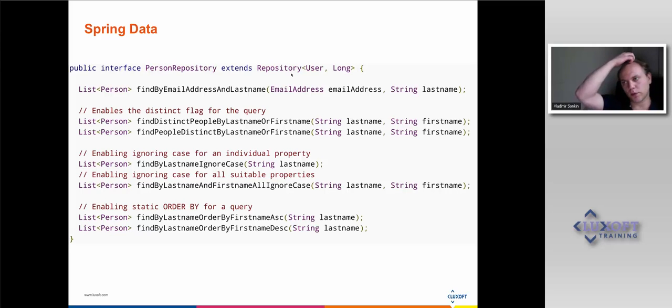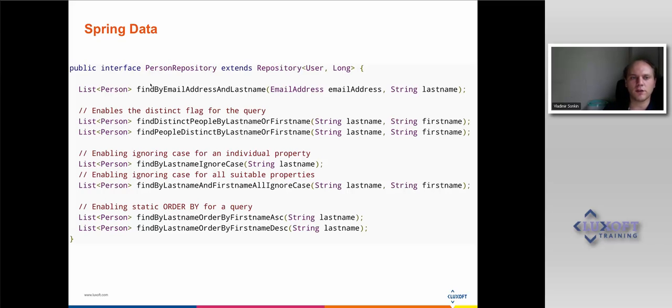However, it's not possible to implement all the find methods for all situations. And for this aim, Spring is analyzing the name of the finder. We are defining the interface. We are not defining the implementation. And Spring Data will provide the implementation for us.